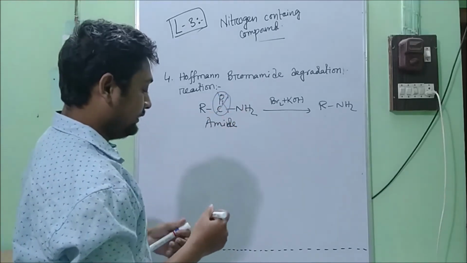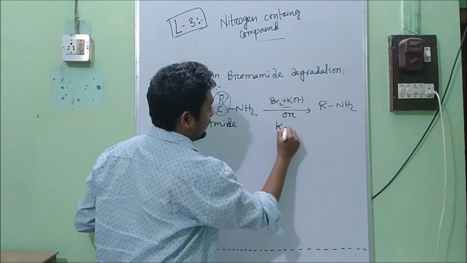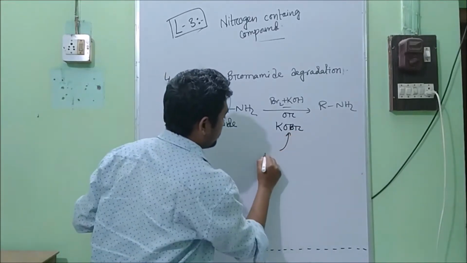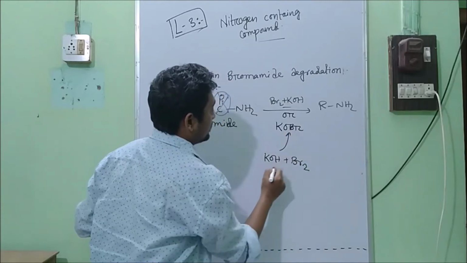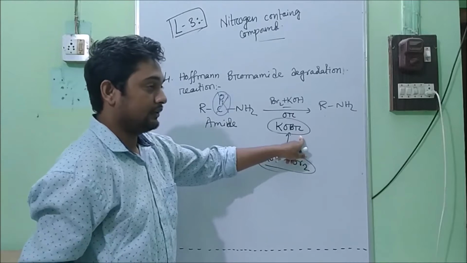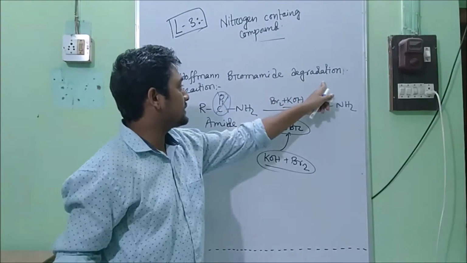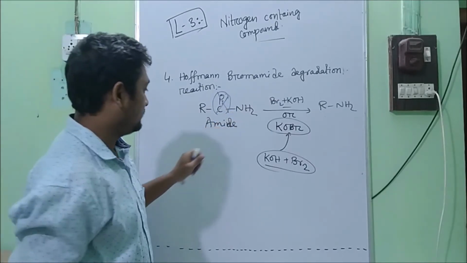Or in exam they can also give KOBr. That means it is obtained from KOH plus Br2. So they may also give it that way. So this is the reagent of Hofmann bromamide degradation, and it will vanish the CO group from the structure.